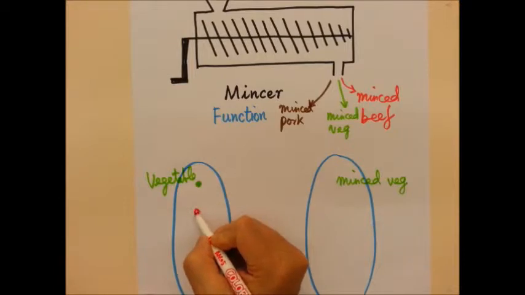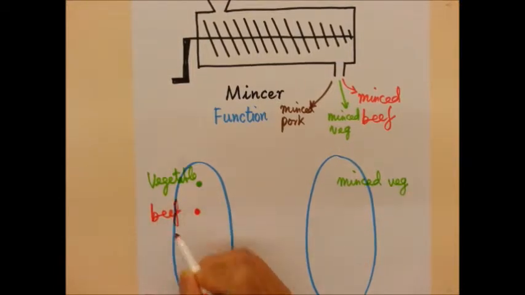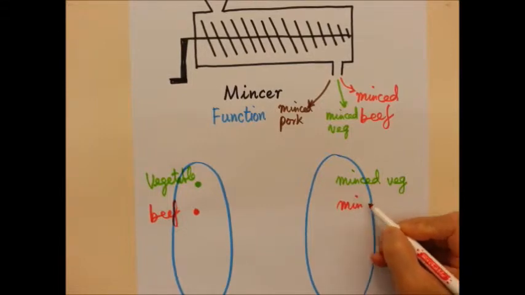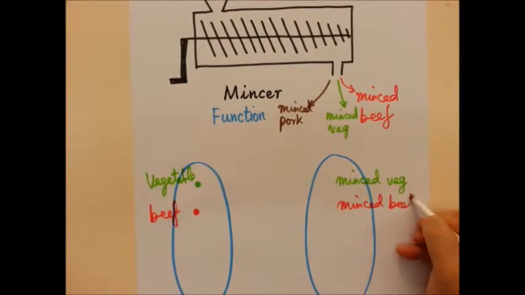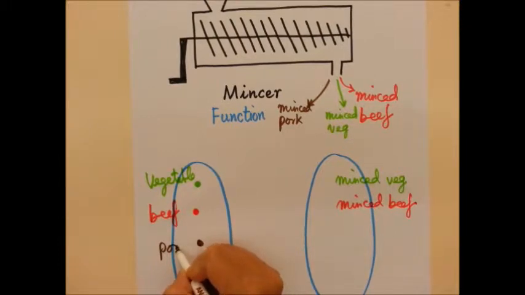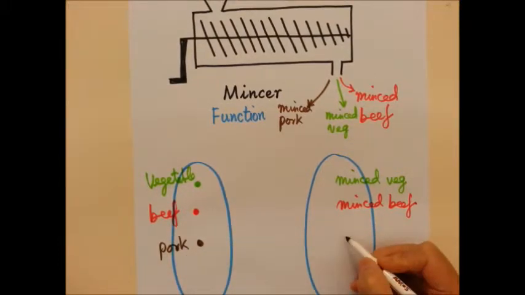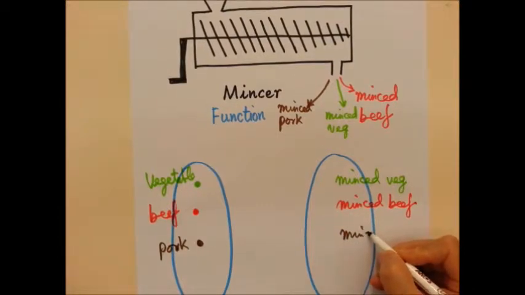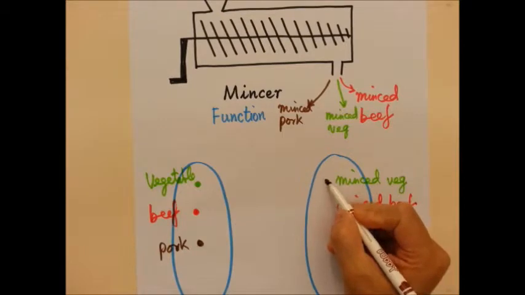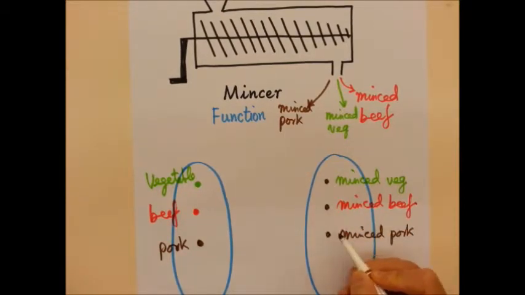When you put the beef as the input, you will have the minced beef. And if you put the pork into it, the product will be minced pork. Okay, I put a dot here, dot here, dot here.